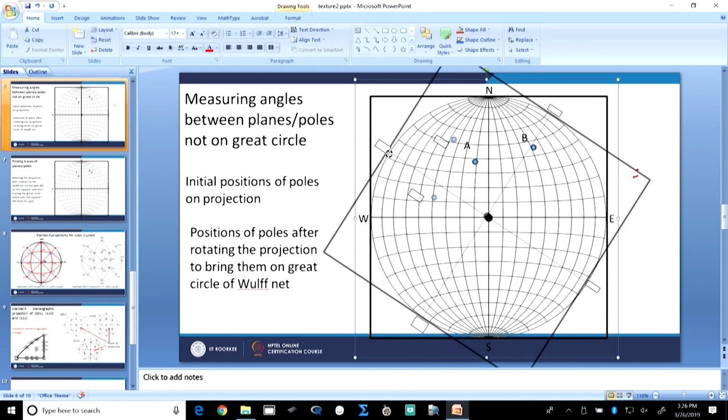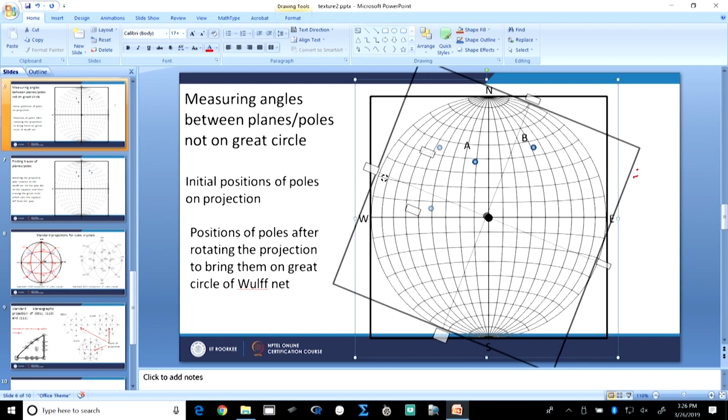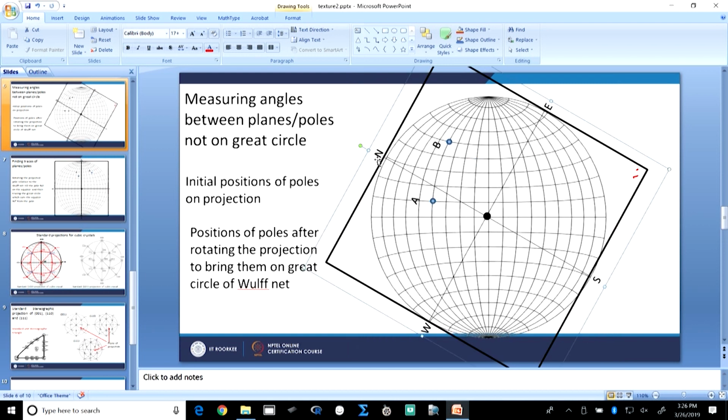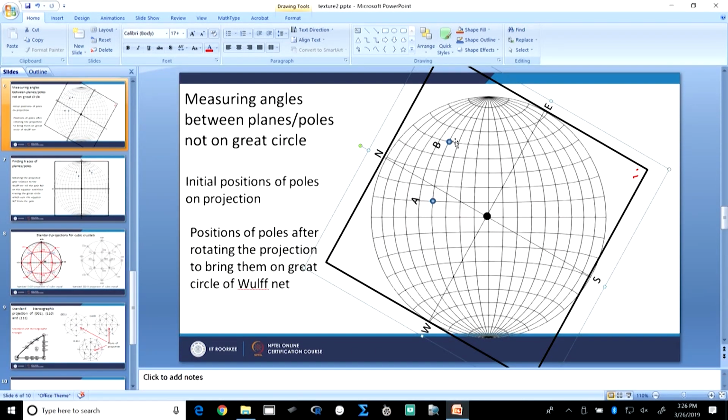The rotation is done such that both the poles are on one particular great circle, let us say this one. Both the poles should be on one single great circle; they cannot be on two different circles. So, for example, I have brought these two, A and B, onto one great circle.